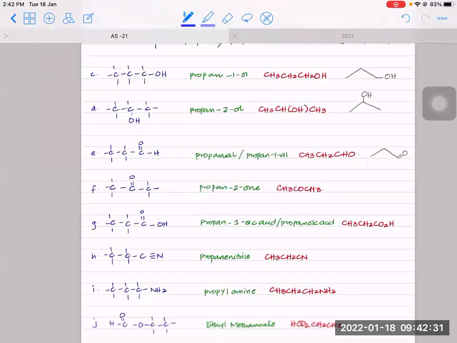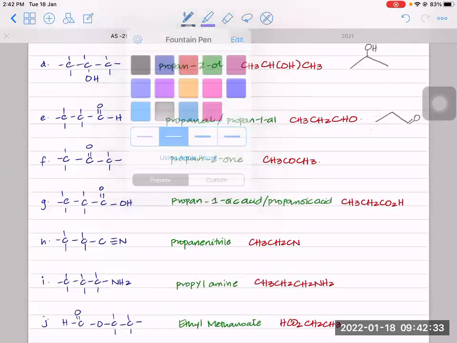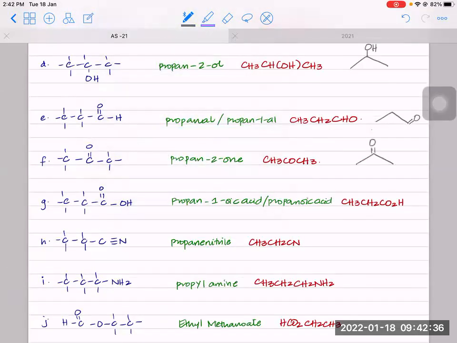Number 6, let's see. So you have 3 carbons, and on this you have a double bond O, so you show it like this. G, let's see how you draw that. So 1, 2, 3, and on this carbon you have a double bond O, OH. So you show it like this. You can show the double bond O, OH this way or like this, up to you.